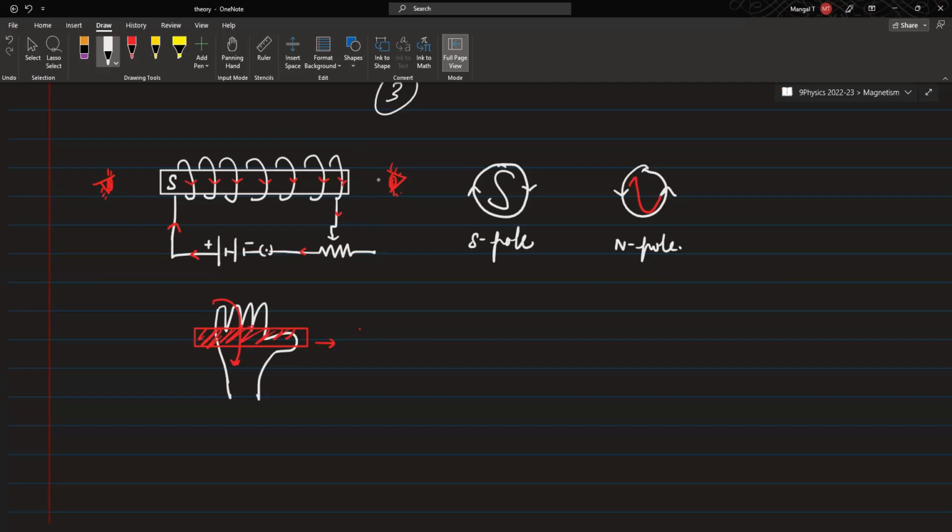That side is considered north, and the other side is considered south. I will draw one more diagram for your understanding, in which I will have the current flowing in the opposite direction.